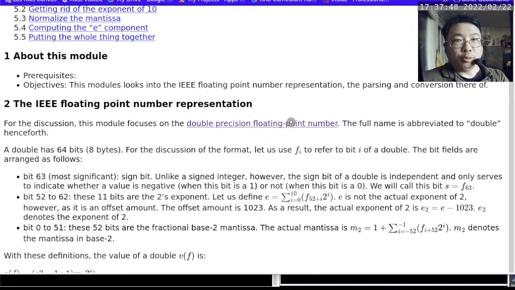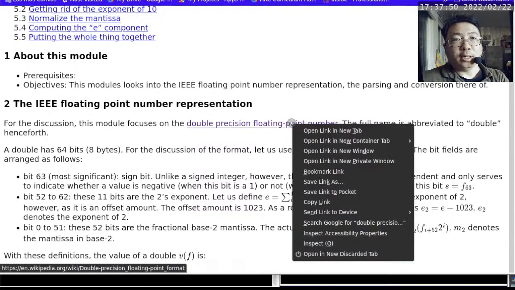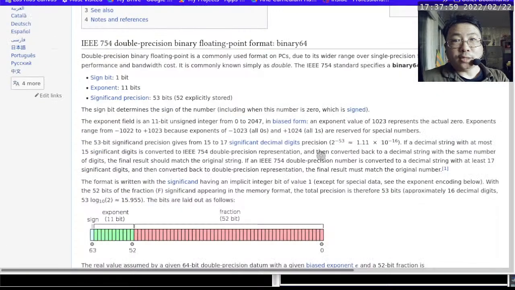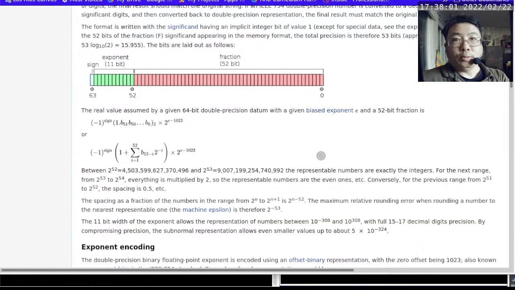And this is a hyperlink for a reason, because I think Wikipedia has a very good graphical representation, and I don't think I need to replicate it. So we're going to fast forward to the Wikipedia representation. All right, so now we have 64 bits.